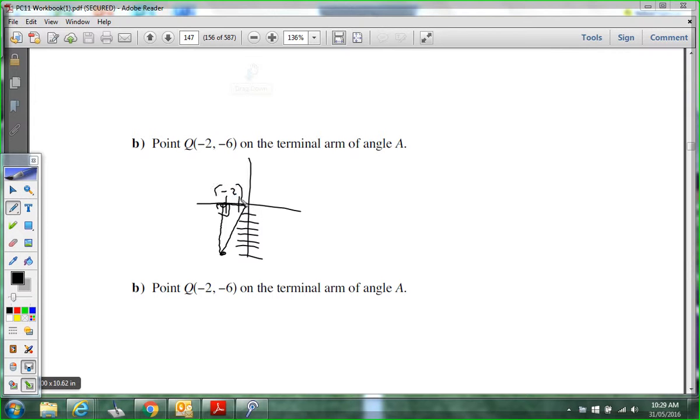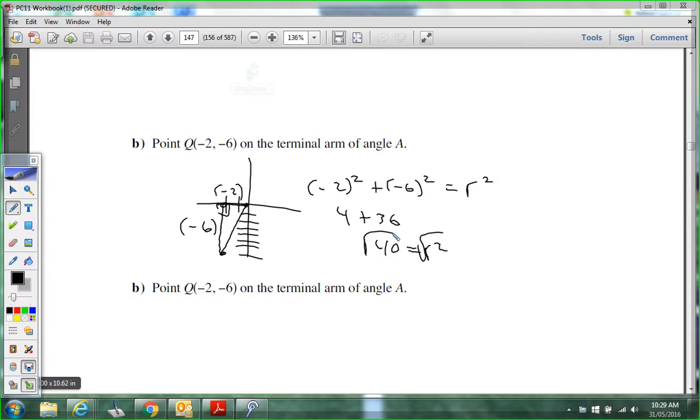You have -2 and -6. So -2 squared plus -6 squared equals r squared. We get 4 plus 36, which is 40, and then we square root, and we need to work on breaking down 40.